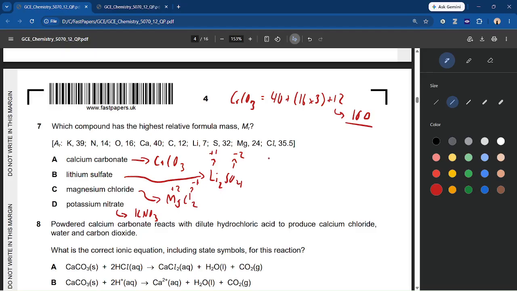Next, lithium sulfate: lithium is 7 into 2, plus sulfur is 32, plus oxygen, which is 16 into 4. If you do the math, that gets you 104.